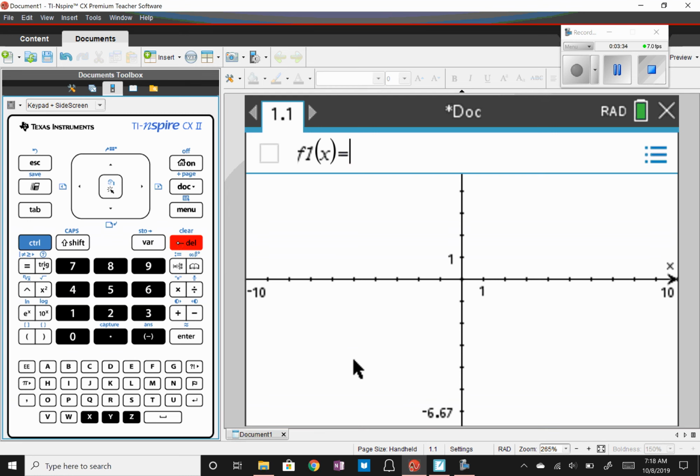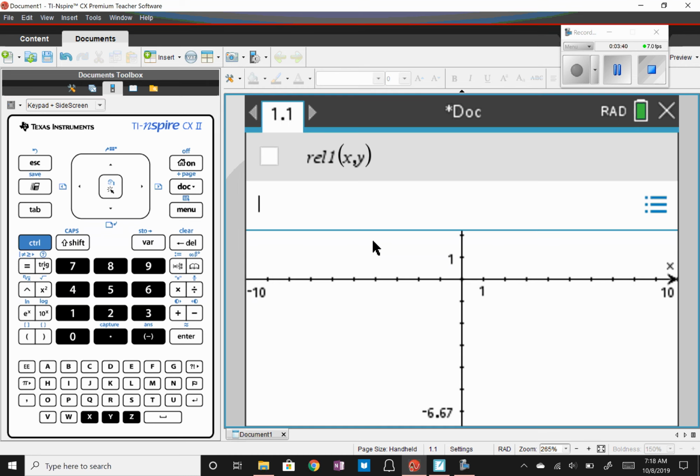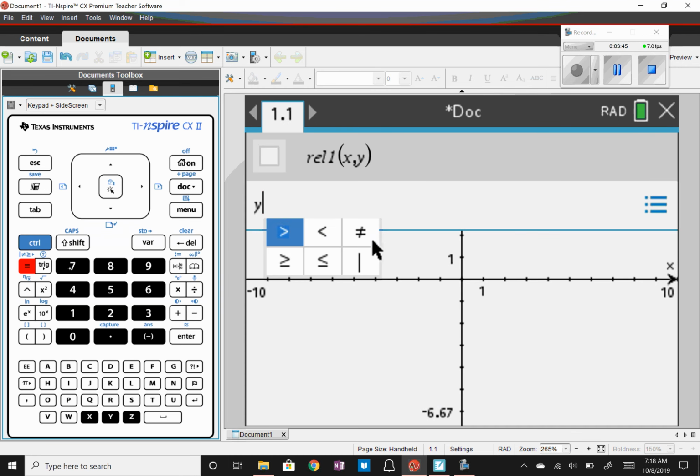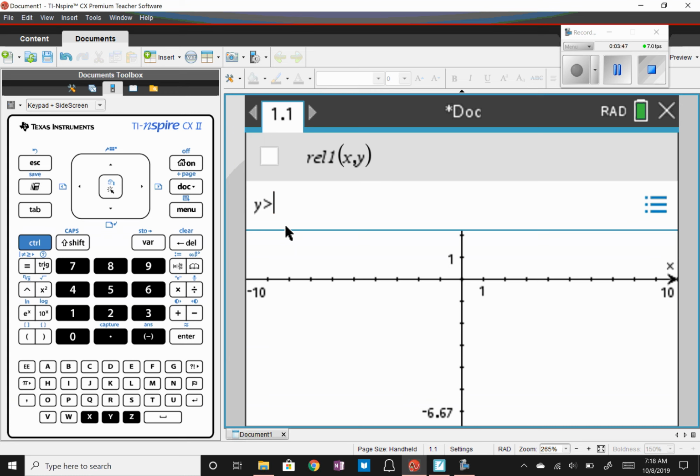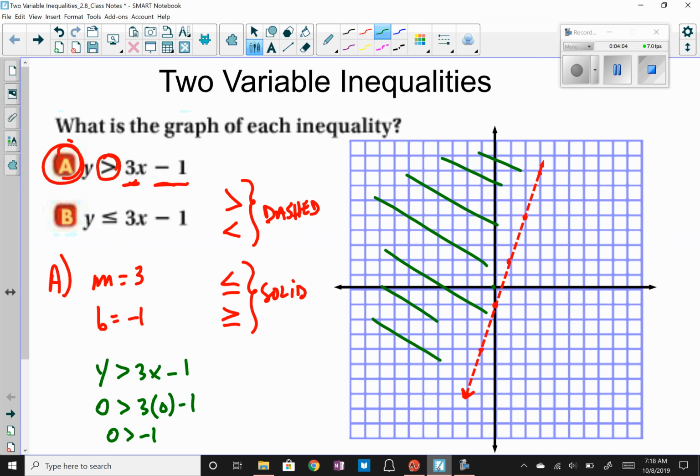So we have y is greater than 3x minus 1. All right, so we see that it gives us the solution region on the left of the boundary line, which is what we had on our paper, so we know that we're correct.